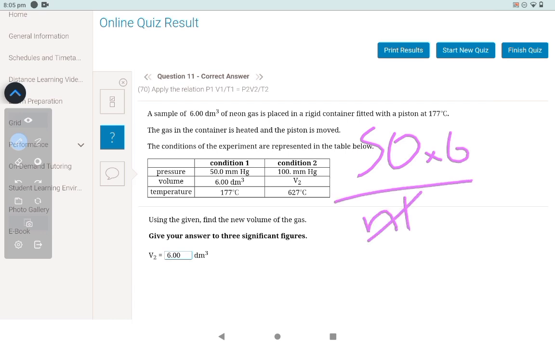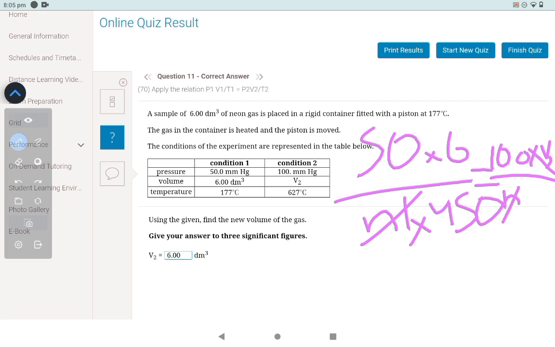We cancel out N because it's in the same container, and temperature 177 plus 273 is 450. This is equal to 100 times V2 over N2, which we cancel out, and 627 plus 273 leaves us with 900.